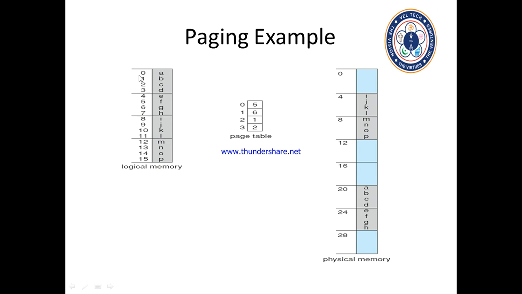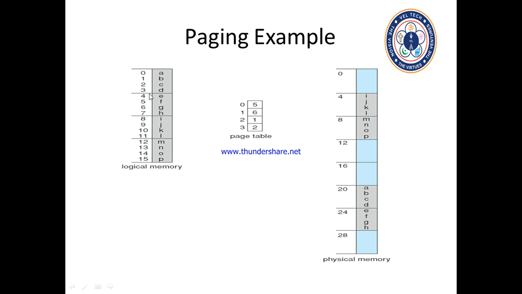Page 0 is located in which frame? Page 0 is located in frame number 5. Total is 7 frames, and page 0 is located in the 5th frame.